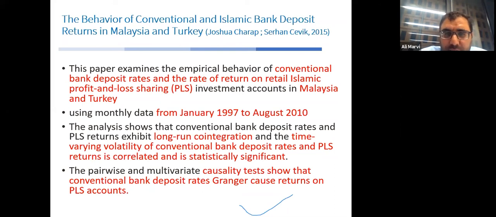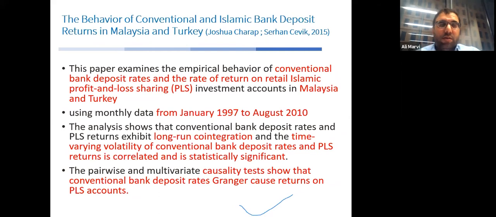And also, they tested pairwise and multivariate causality, and they found that conventional bank deposit rates Granger-cause returns on PLS accounts.